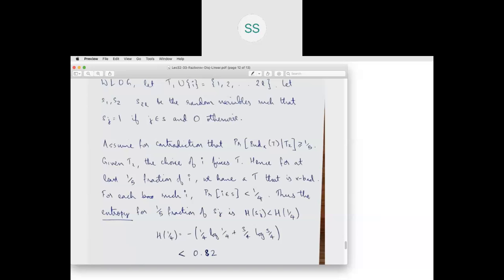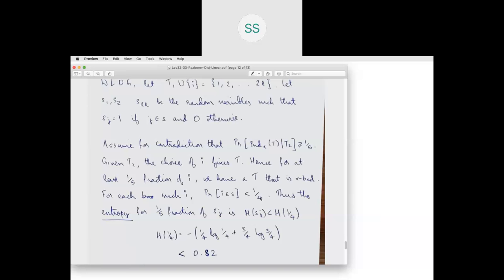It is defined for things that can be random, and it measures the amount of information. You can pause the video and look up the definition.